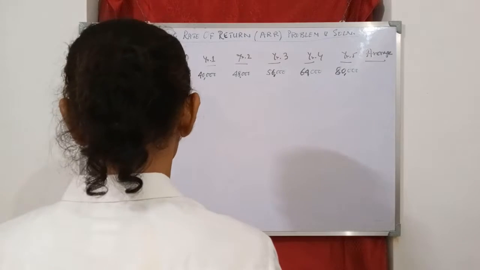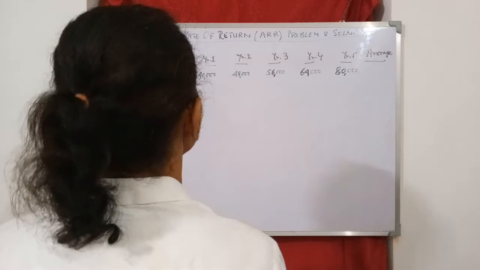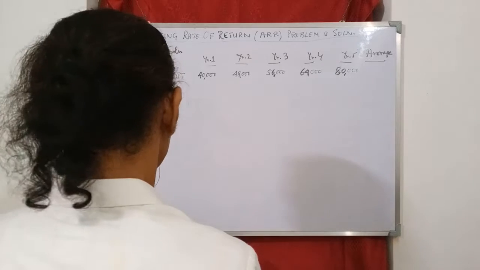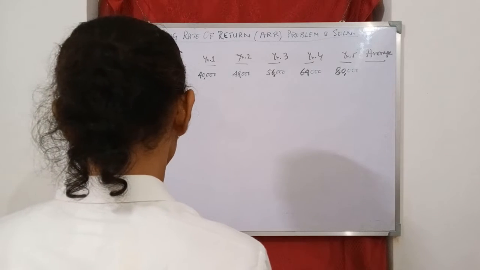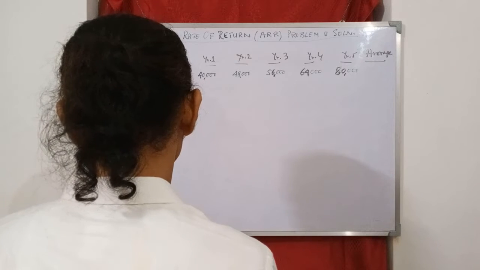$40,000 plus 48,000 plus 56,000 plus 64,000 plus 80,000 gives 2,80,000.